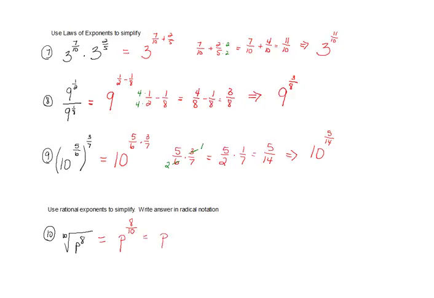Now this answer would suffice if they wanted it in exponential notation. They actually want it in radical notation, and I've noticed my 5 looks a little bit like a 6, so we'll clear this up and I'll rewrite this as a clearer 5. There we go. And so we want this in radical notation, so we're going to make our radical, put our variable in there. We're going to take the denominator as the index and the numerator as the power.